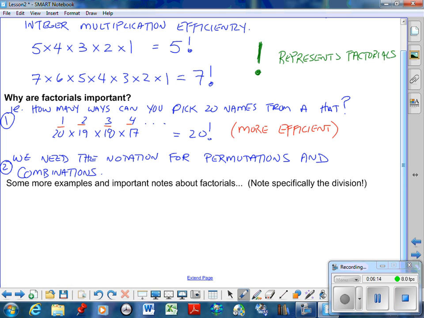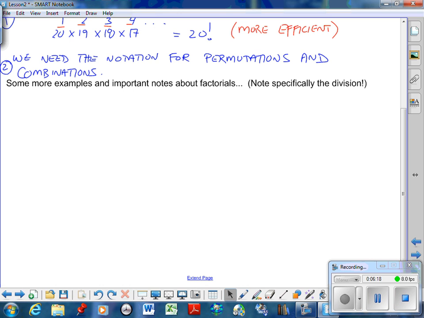Okay. A couple of interesting things down here: some more examples and important notes about factorials. Just a couple of things that I want you to be aware of. We're not going to do a ton of algebra with this, but I want to talk about some of the things that arise that you need to know. First, what happens if I have a variable factorial?